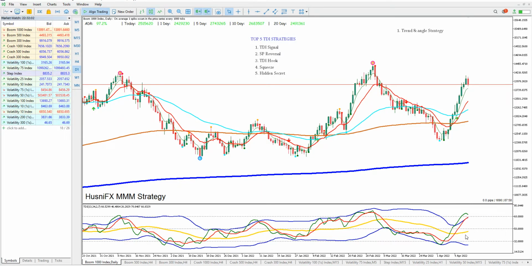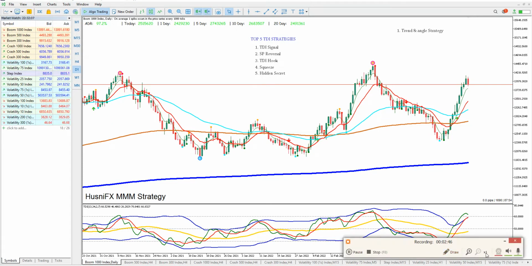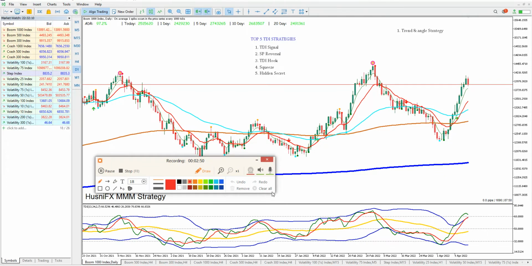For example, this is what I see here. Let me choose a different one. What you see is that the yellow one is pointing down. That is exactly the direction of the price.